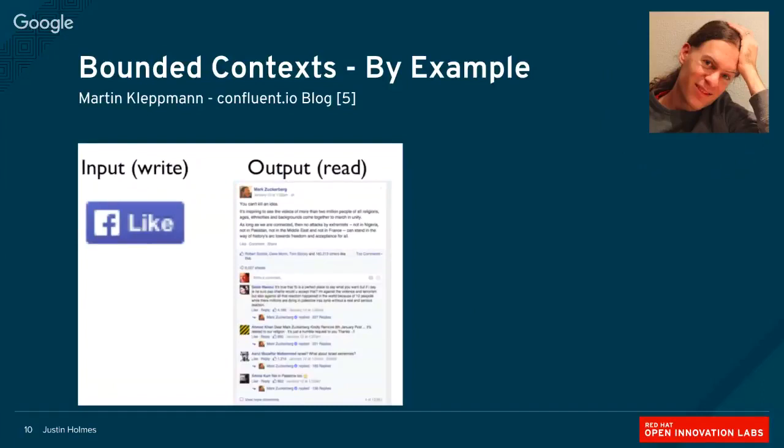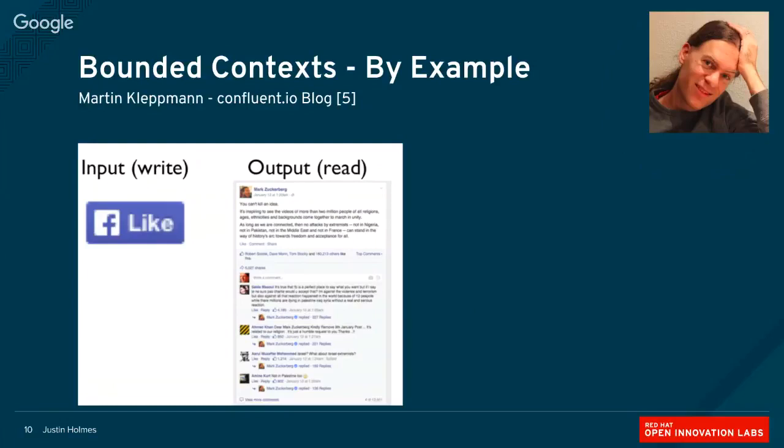And he talked about the concept of a like in Facebook. And he said, think for a minute about the software behind Facebook and the process of creating a new like, so writing to Facebook's database, clicking the like button, versus the concept of a like when you look at your Facebook feed or you look at someone's post.